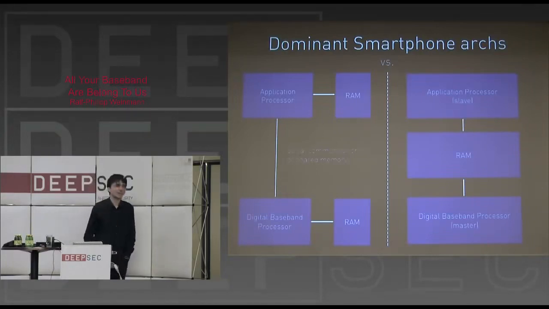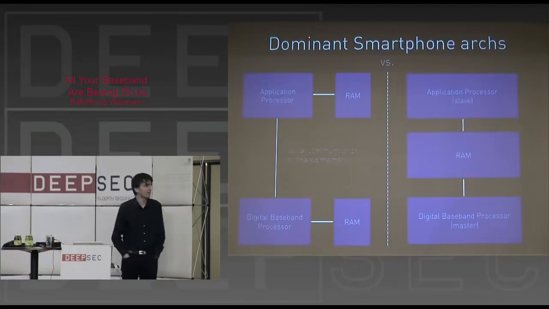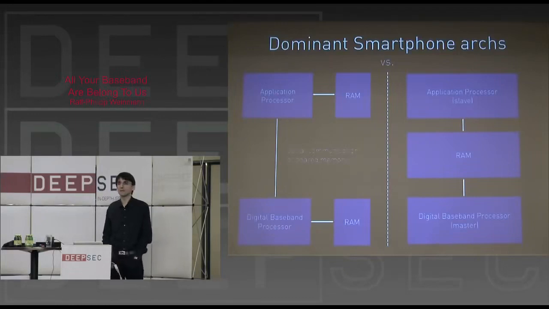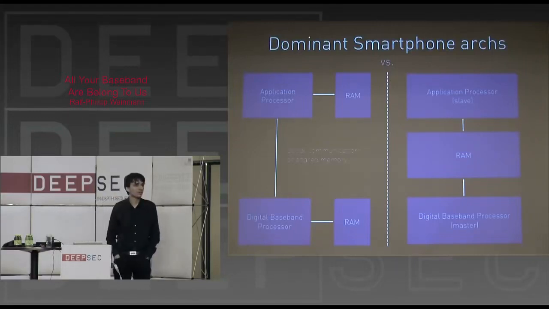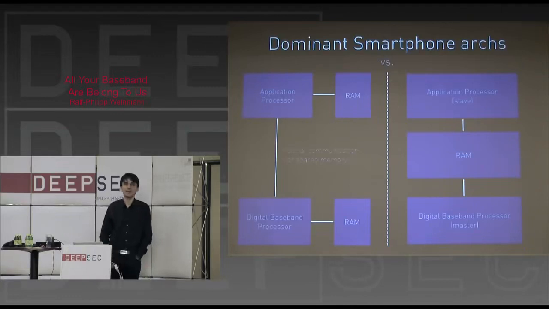So this is why historically the baseband processor in this design becomes the master. This is apparently changing at the moment because of new email, because of these recent results. But at the moment, everything I've seen where this architecture on the right-hand side was employed had the baseband as a master.